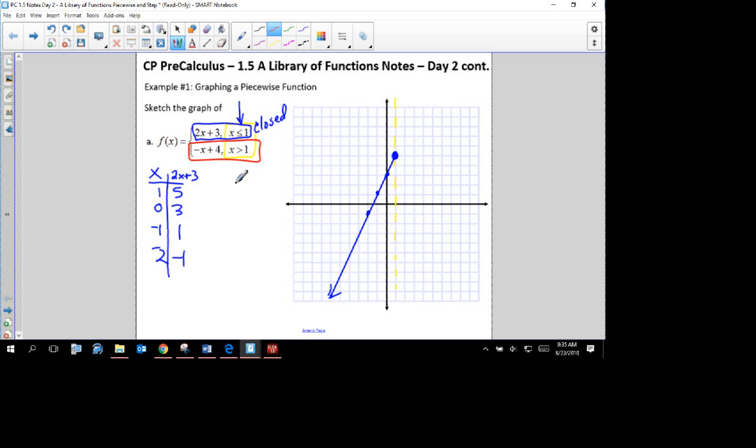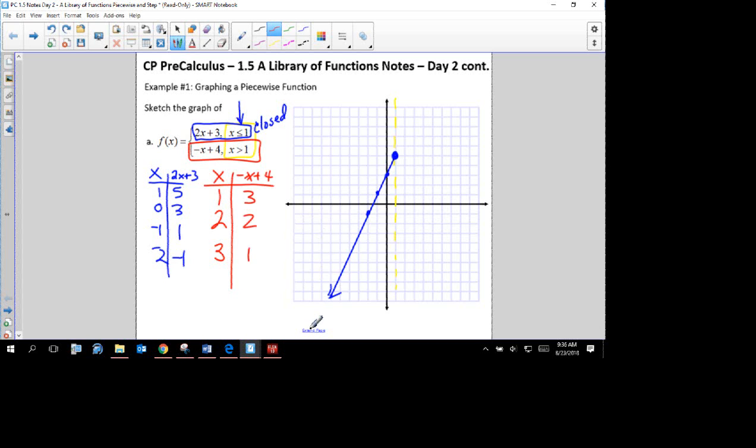So I am going to include in my table 1. However, I know that it's not going to equal 1. And then things that are greater, 2, 3, 4, 5. I'm going to plug those into negative x plus 4. So you get negative 1 plus 4 is 3, negative 2 is 2, 1.